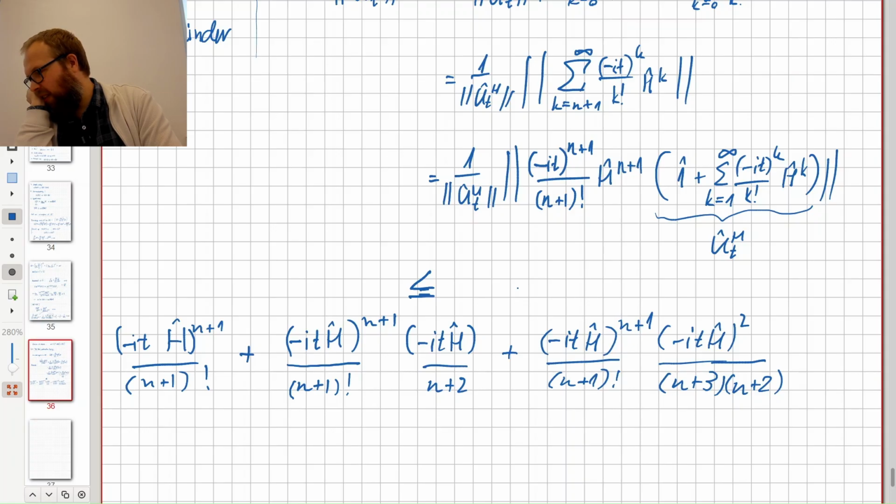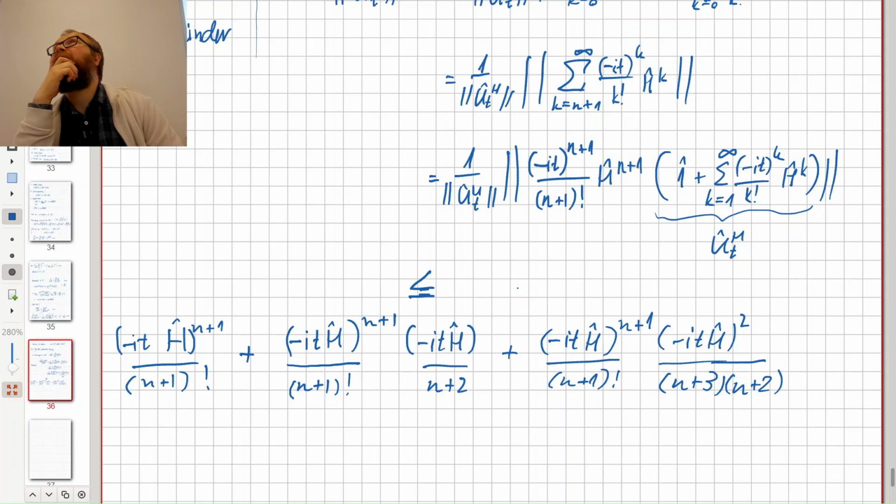How can I? So one question is whether you intended to pull out that factorial also, or you just wanted to pull out n plus 1.